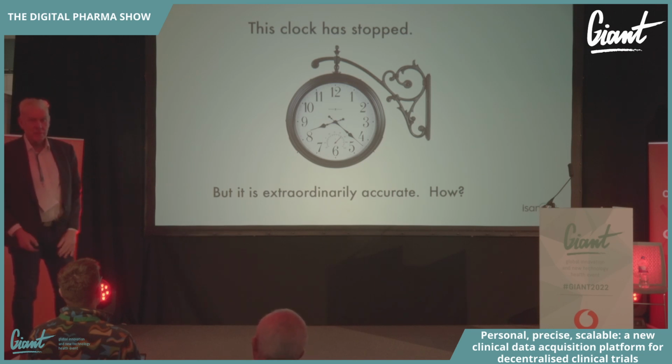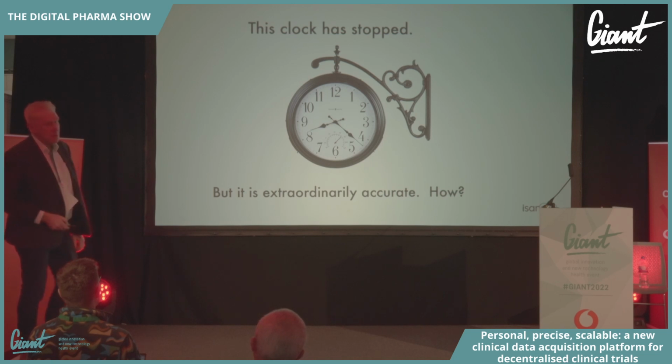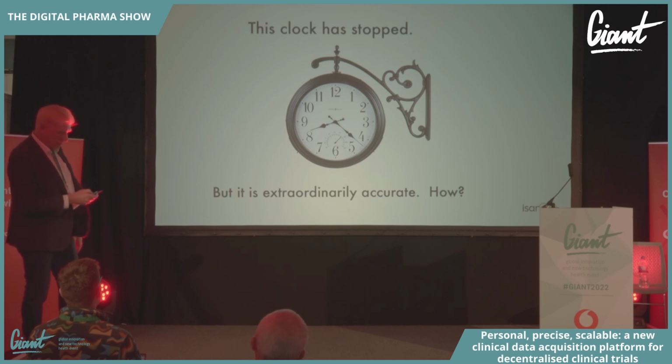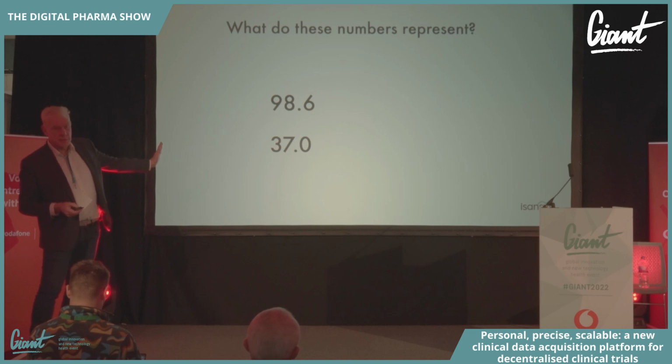Absolutely accurate. But it's bloody useless, isn't it? It doesn't do anything. So something that has no dynamism isn't very useful, even though it can be absolutely accurate. So, what are these numbers?